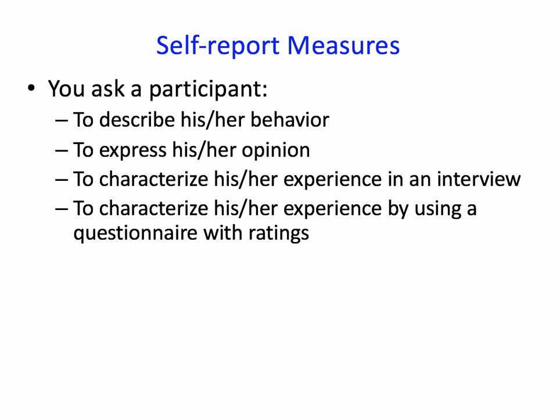Oftentimes participants may distort responses to create a better self-image or to please the experimenter or organization. The response can be heavily influenced by the wording of the question. So really think about the wording of the questions, and give feedback on your questionnaires, okay?